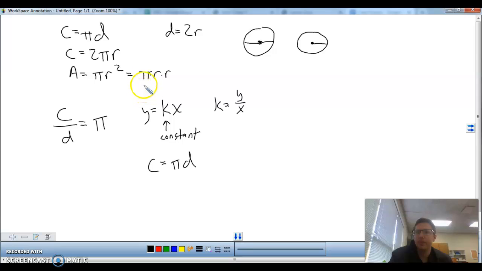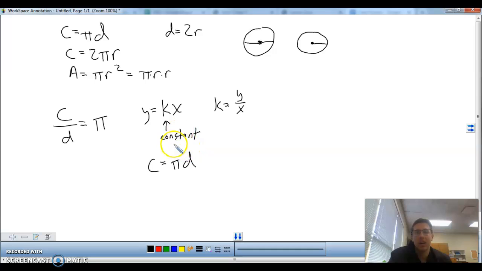Okay? So we also talked about how there's always a proportional relationship between circumference and diameter. Well, when you take the ratio of circumference to diameter, that always equals the same constant, pi. And it's very, very similar to, remember when we were working with proportional relationships, y equals kx, where k was the constant.